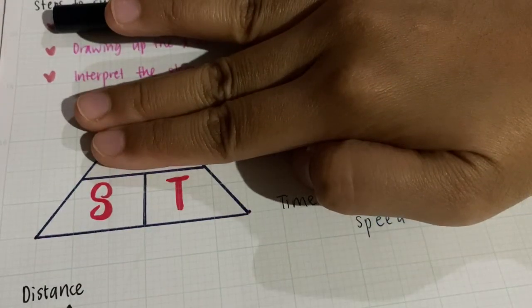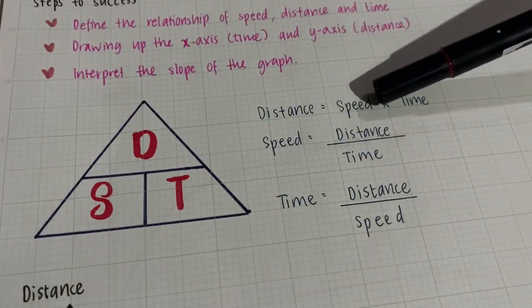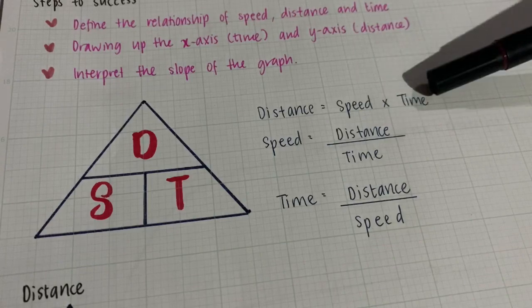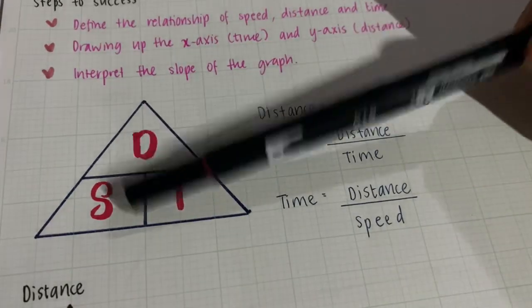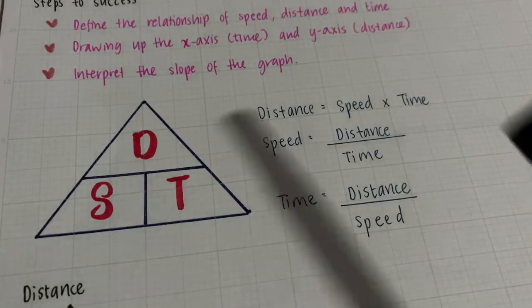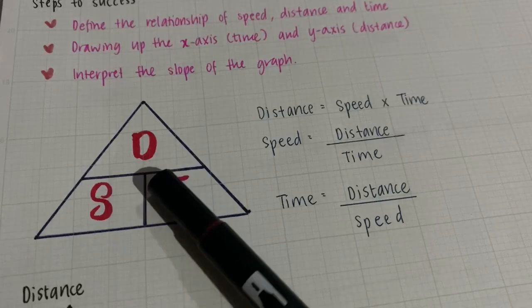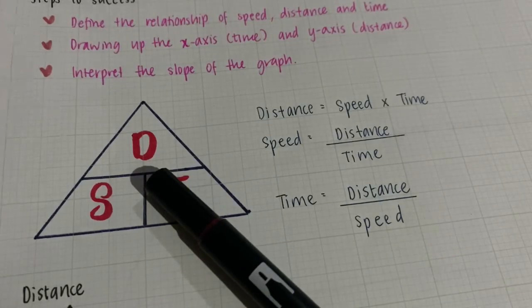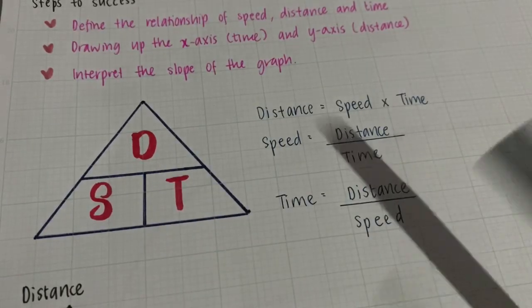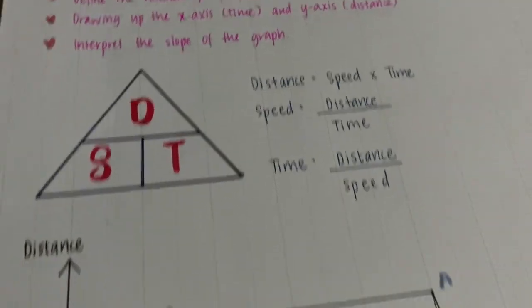Now you have S and T, which means distance is found by multiplying speed and time. And then how do you find speed? You cover speed, you have d over t, which means distance over time. And the last one, you cover the time and you have d over s, which gives you distance over speed.